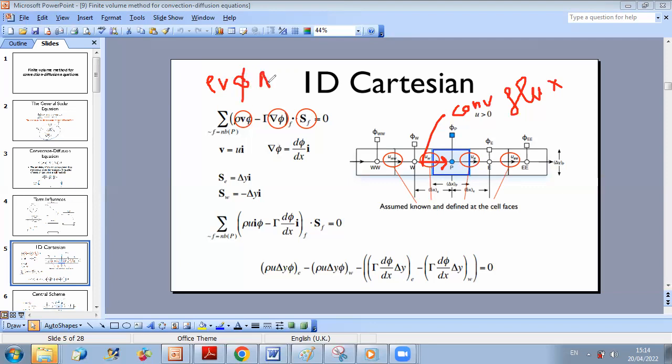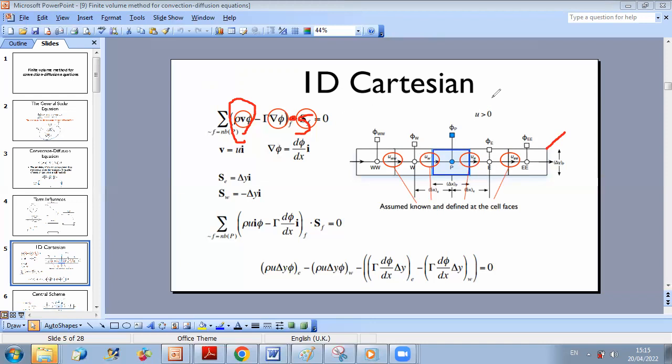Because here what you do is you integrate over your control volume, as we did with diffusion, the same concept. This is the expression of the flux of convection, rho v phi, dot product the surface of the face. And again, because you have constant thickness, the thickness will cancel out.